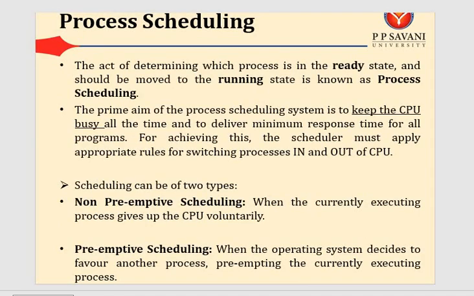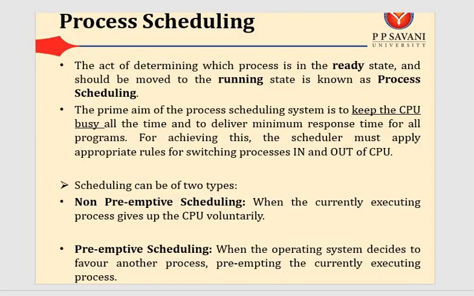Now again, more focus on process scheduling. Again I have to recall what scheduling is. Whenever more than one process is available for execution, the CPU selects any one process for execution.